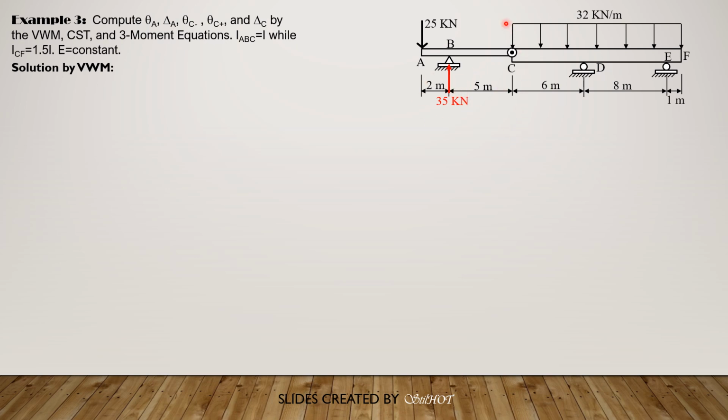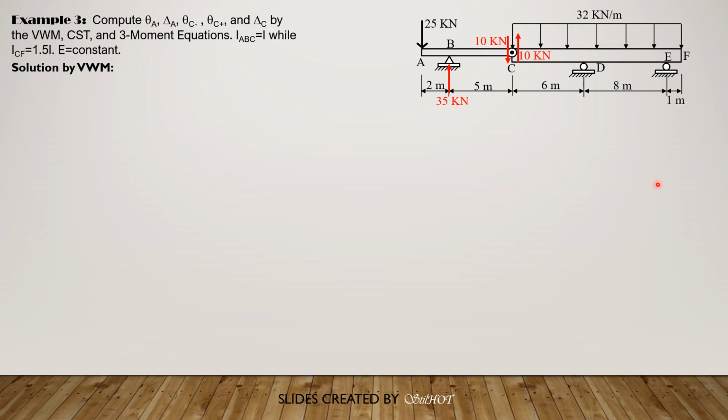So summation of forces in Y, the shear just to the left of C should be 10 kilonewtons downward. Then action reaction, so at C right, it should be 10 kilonewtons upward. Summation of moment about D equals 0, so reaction at E times 8 equals 10 times 6 plus 32 times 1.5 times 1.5.